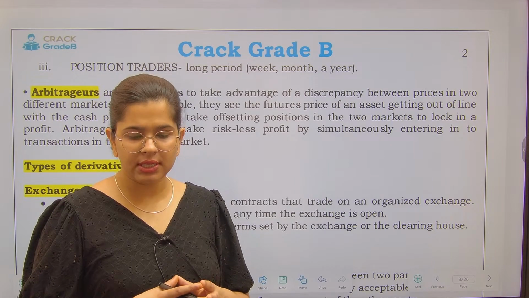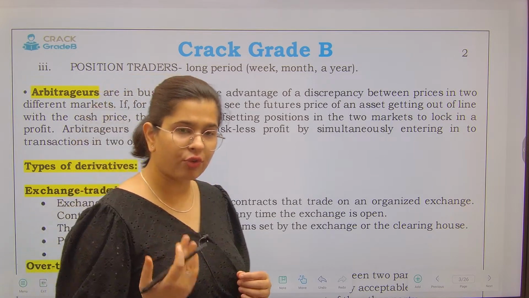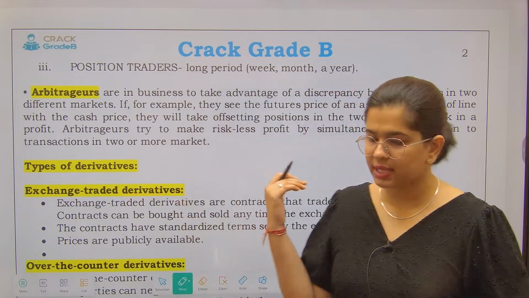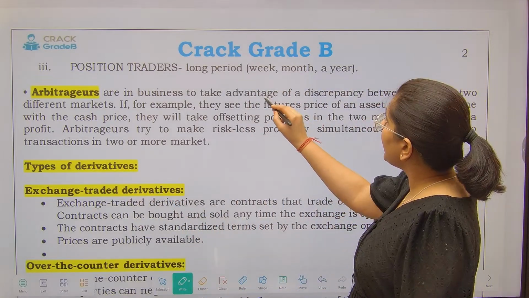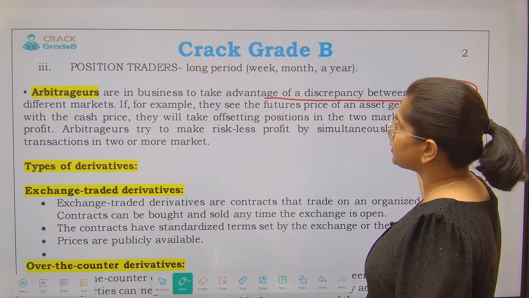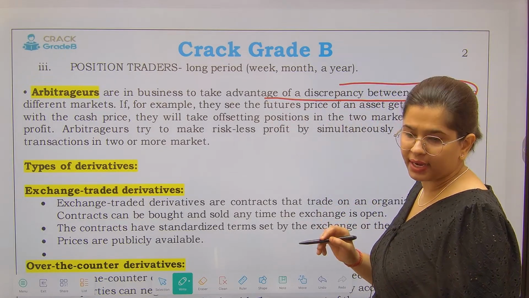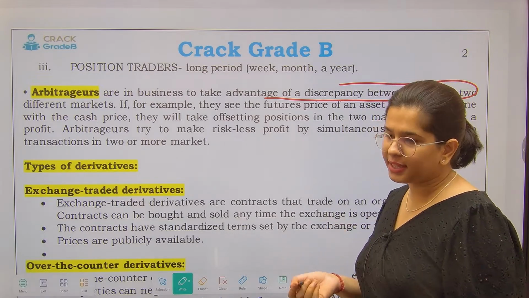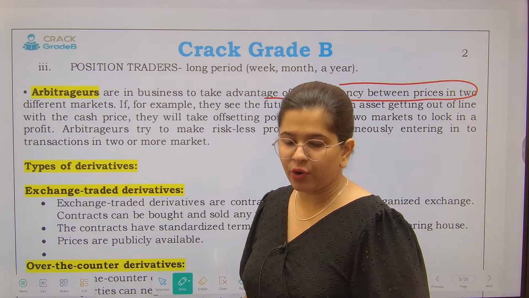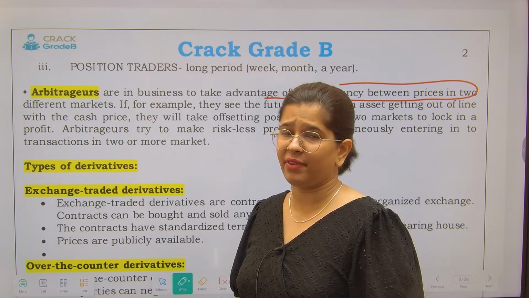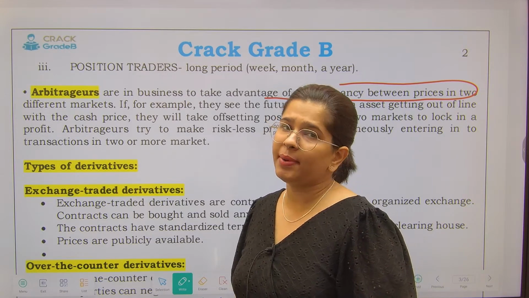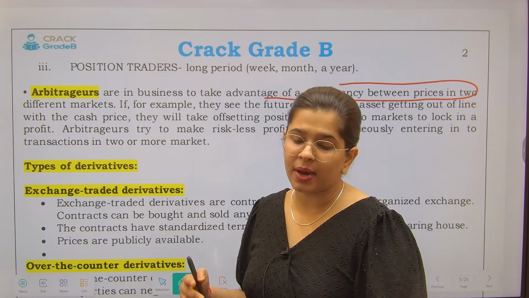ठीक है, so this is the kind of role that arbitrageurs play. They are in the business to take advantage of the discrepancy between prices in two different markets. Even at the local level, when you go to buy vegetables, there might be a little bit of difference between the prices of two markets, right?